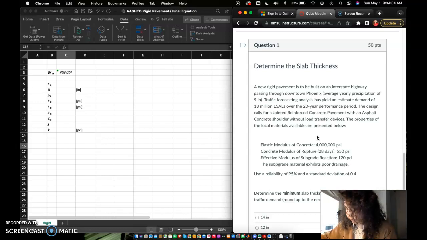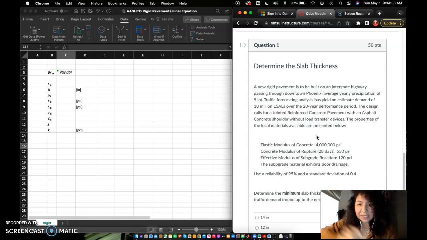Effective modulus of subgrade reaction, 120. Subgrade material exhibits poor drainage, and we have 9 inches of precipitation.